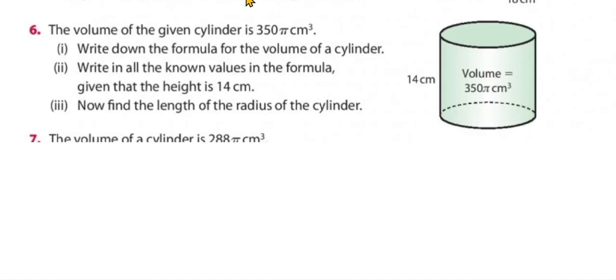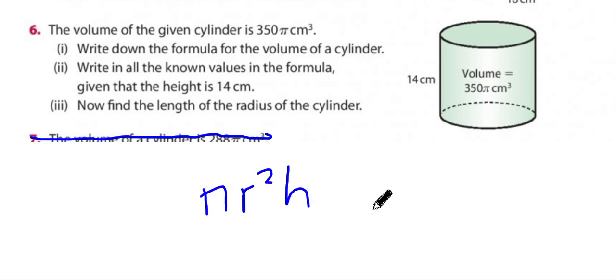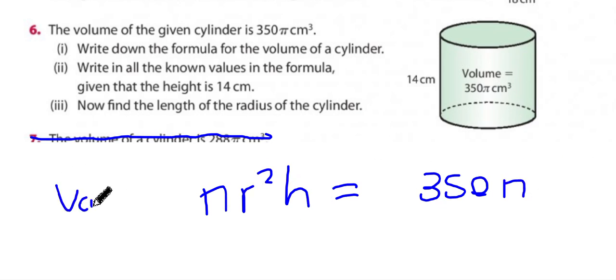Alright. You ready? Okay. This is where it gets more difficult. It gives me the volume of a cylinder. Agreed? So by logic's sake, I should write down the volume of a cylinder formula. And I go, here we go. The volume of a cylinder is 350 pi. Does everybody know what the volume of a cylinder means? There you go.